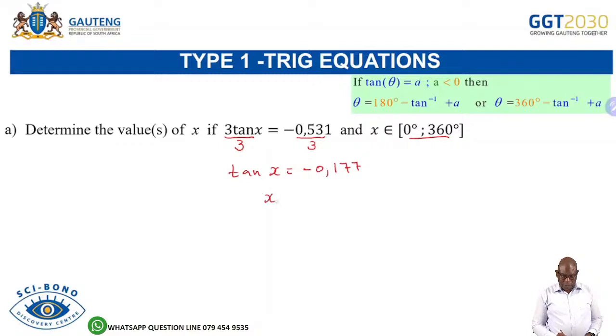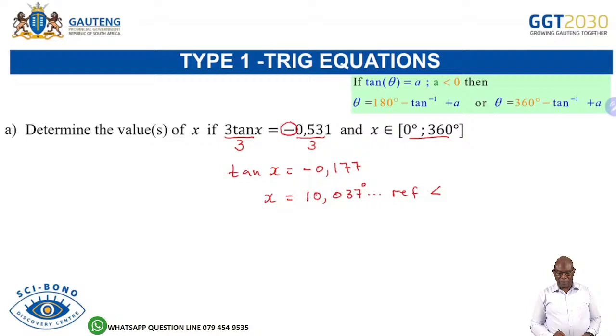Now the x value, which is a reference angle, is 10,037. I'm just writing all these numbers here, right? Now here you must write reference angle, because it is not your correct angle, it's a reference angle, because the tan is negative.